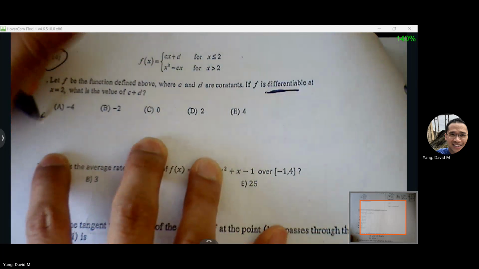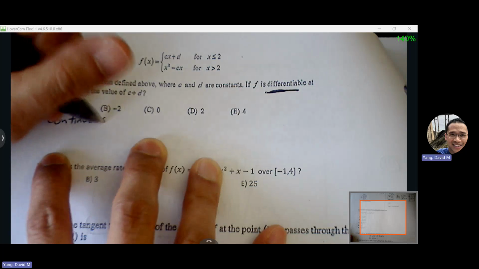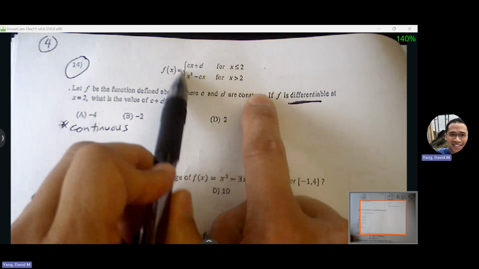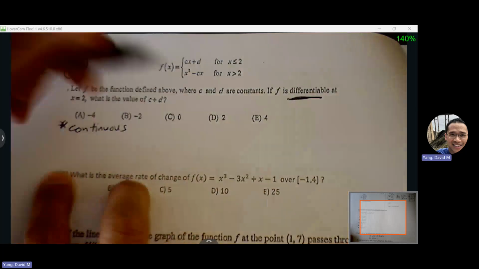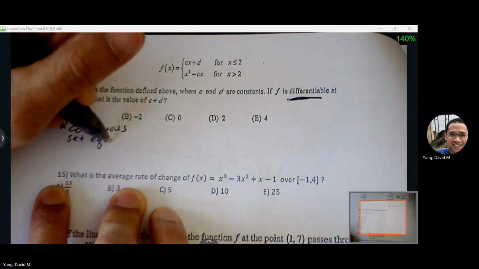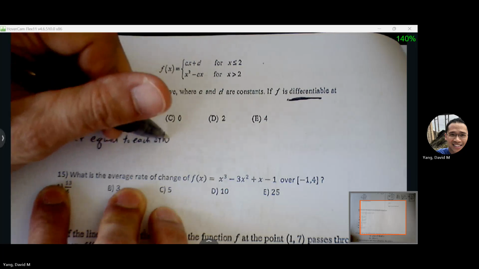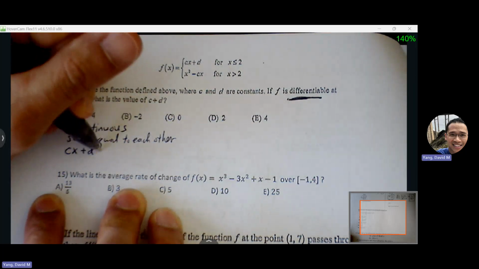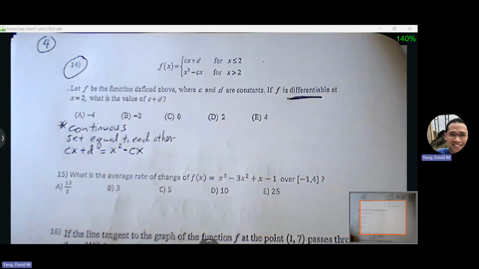So if the graph is continuous, that means these 2 functions must meet at x equals 2. That means I can set the functions equal to each other. I can say cx plus d is equal to x squared minus cx.